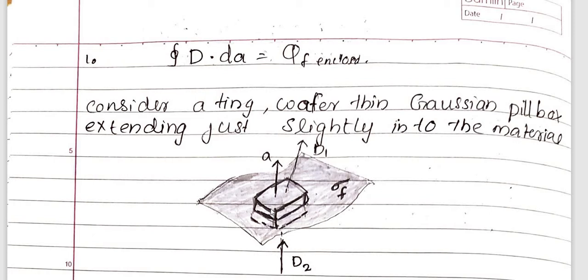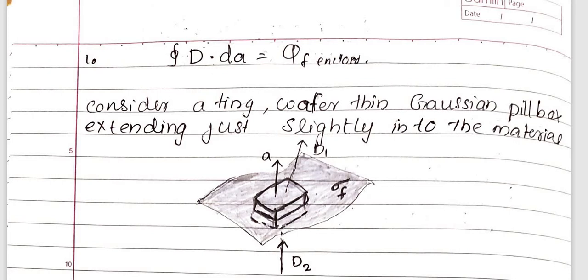In order to study the surface phenomenon, the thickness of the Gaussian pillbox should be very small, so we can neglect the thickness. Then we can study how this behaves at the boundary.